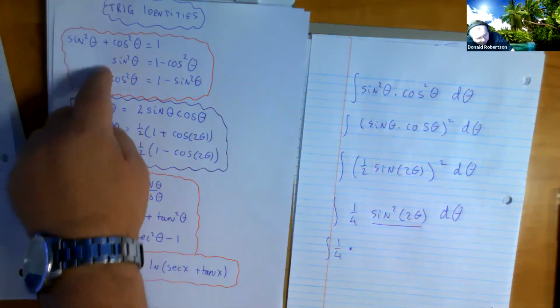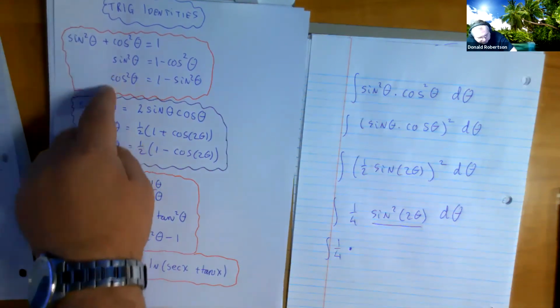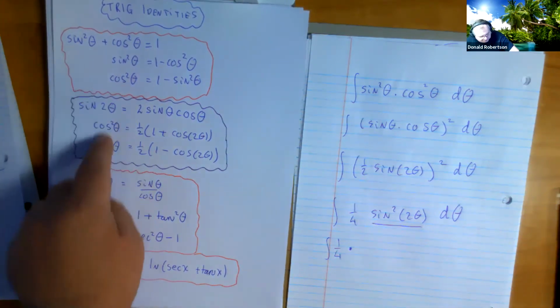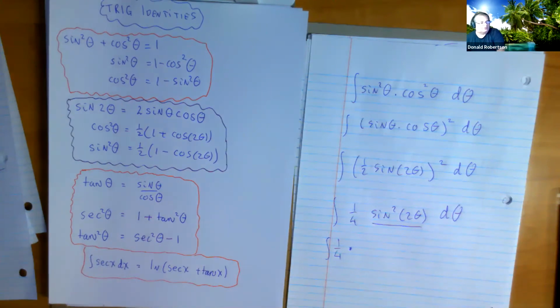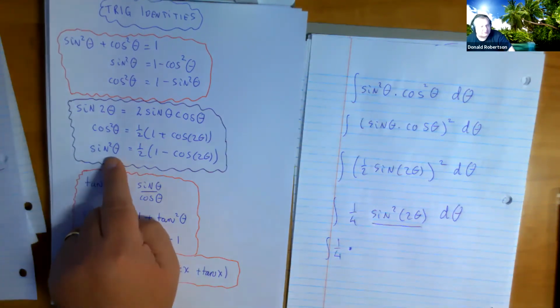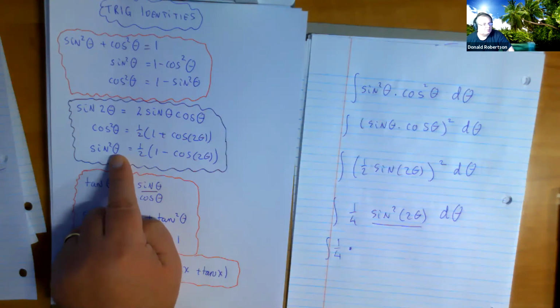Now you're going to go over here and say, but there aren't any sine 2 thetas, and there definitely aren't any sine squared 2 thetas. Nonetheless, I am going to use this guy here. But I'm not going to think of that theta as being a fixed thing. I'm going to think of that theta as a placeholder where you can put anything you like in.